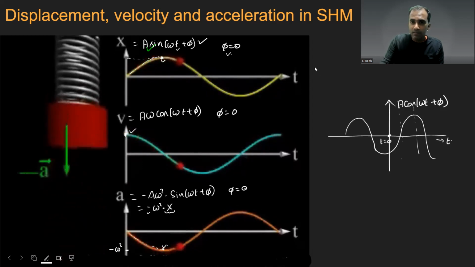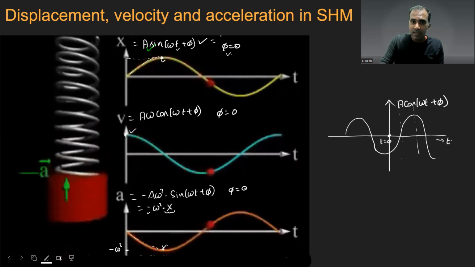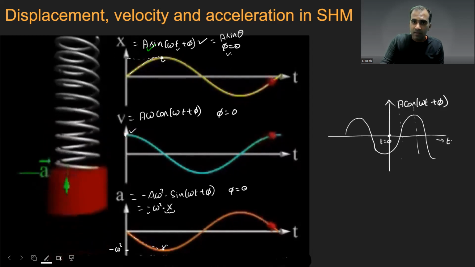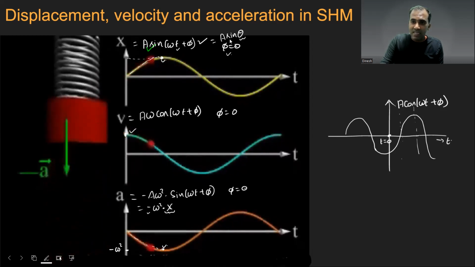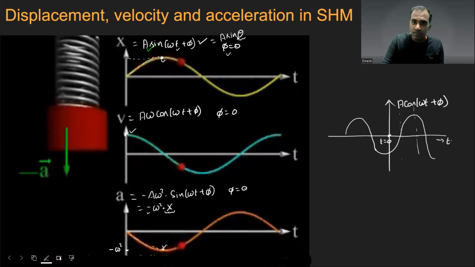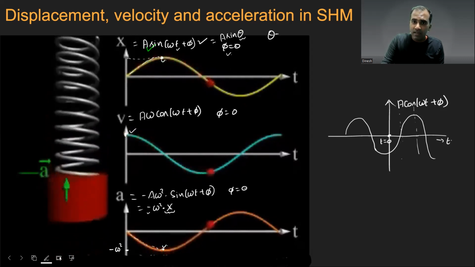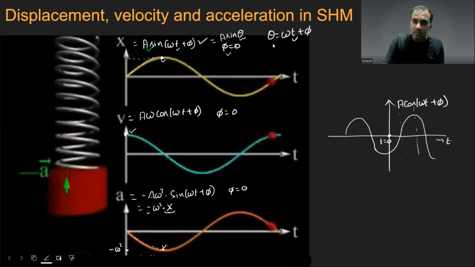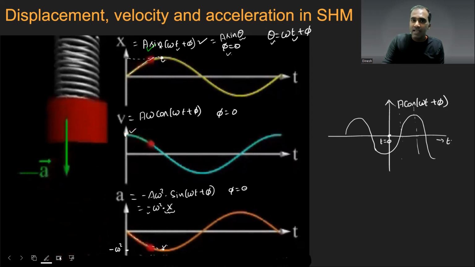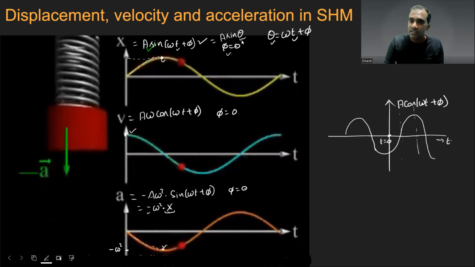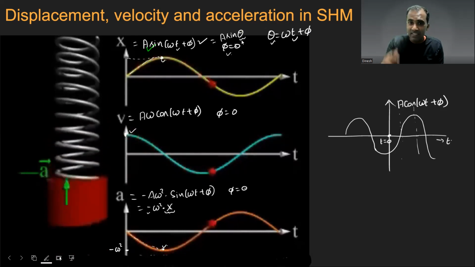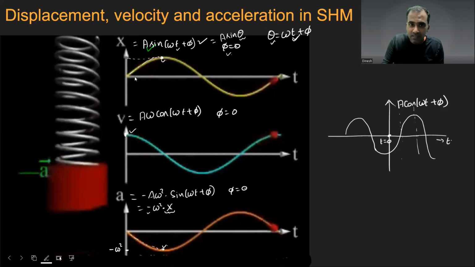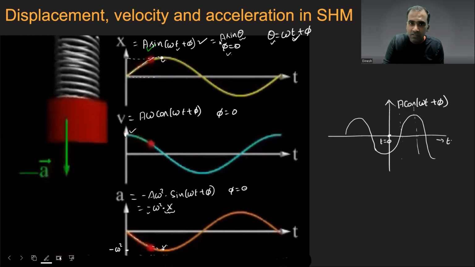If you look at this simply as sine theta, as theta changes, the sine theta value also changes. How does theta change? Theta is omega t plus phi. As time changes, theta also changes. With time, as t increases, theta also increases.